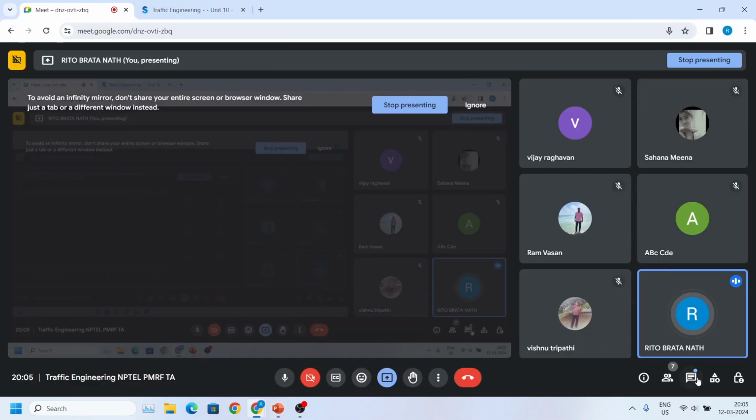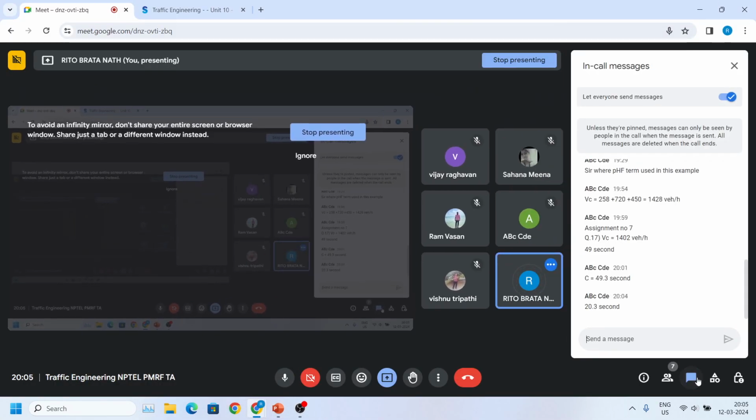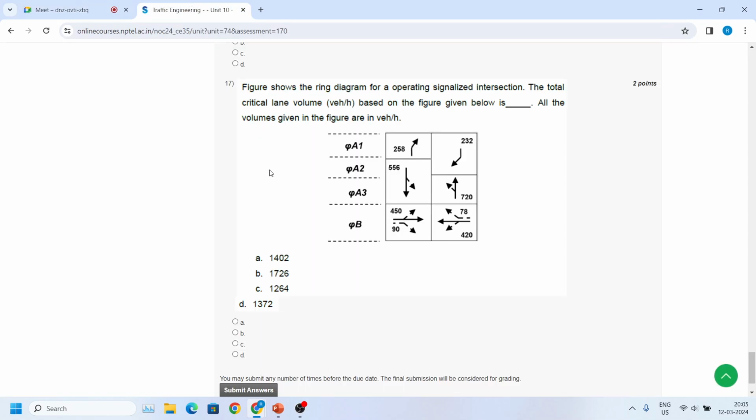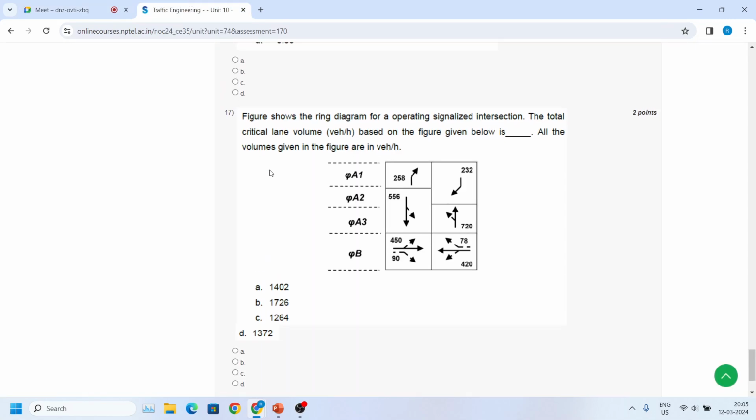But first, I think someone said about this Q17 of assignment 7. You're saying 1402. Let me just quickly check. Okay, 1402 is one of the options anyway. Yeah, probably you are correct.